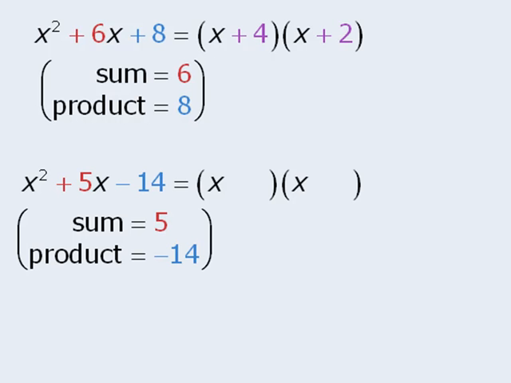So we can add this to our factorization. Okay, so what are two numbers that add to 5 and have a product of negative 14? Well, how about positive 7 and negative 2? This means that x squared plus 5x minus 14 is equal to x plus 7 times x minus 2.